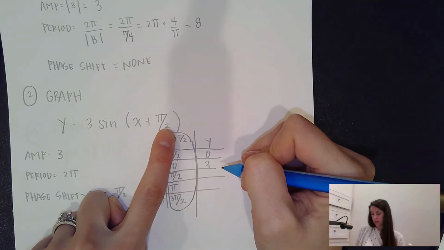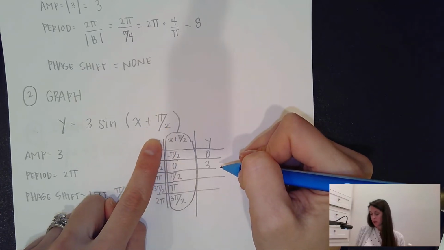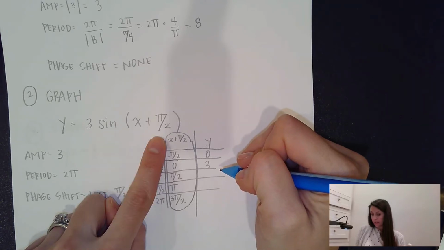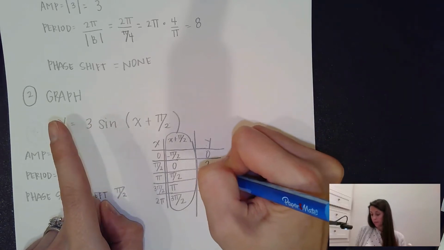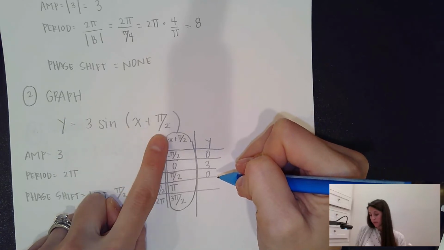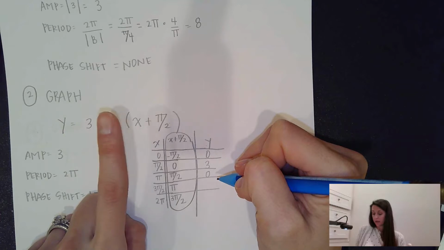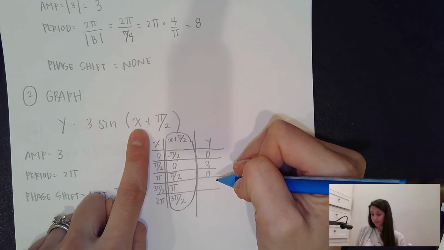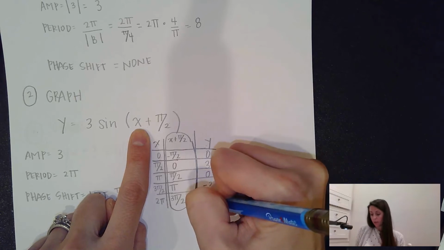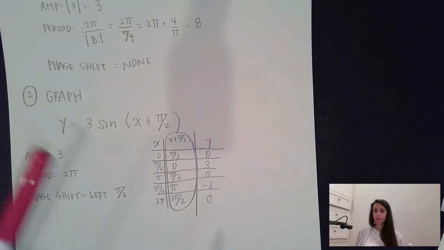Sine of pi over 2 plus pi over 2, which is just going to be pi, so sine of pi is 0. If I plug a pi in here, pi plus pi over 2, so that's going to be sine of 3 pi over 2, which is going to be negative 3, and then I'll go back to 0.